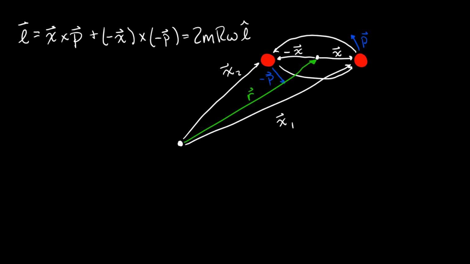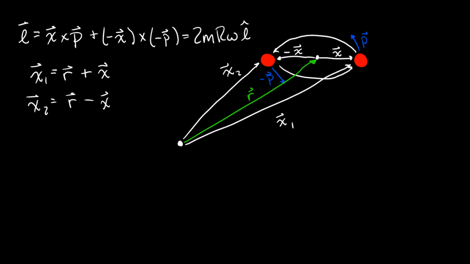They can be sort of general vectors. But I know that x1 is equal to r plus x, and x2 is equal to r minus x. Just from vector addition, add these things tip to tail, and I get these position vectors.